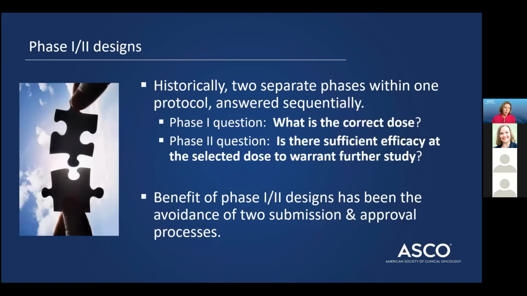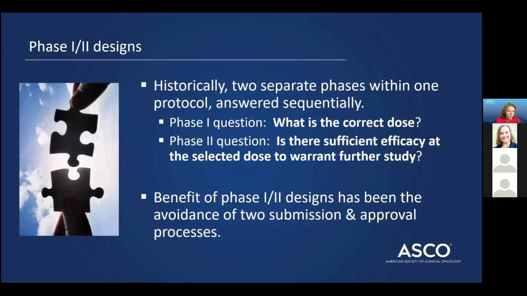Okay, and then also we very often see in the early phase setting, phase 1/2 designs, historically 2 separate phases within one protocol, usually answered sequentially, where we have first the phase 1 question is asked, what's the correct dose? Followed by the phase 2 question, is there sufficient efficacy at the selected dose to warrant further study?